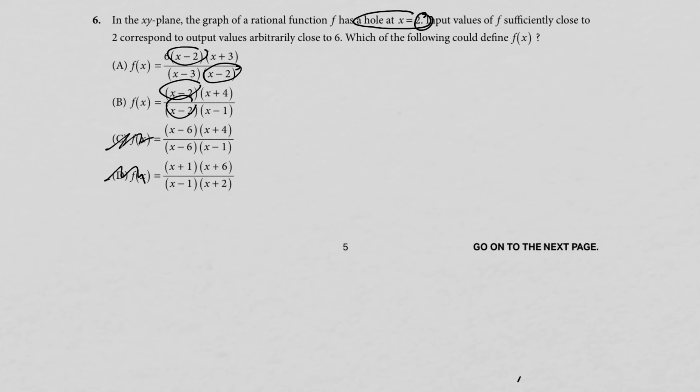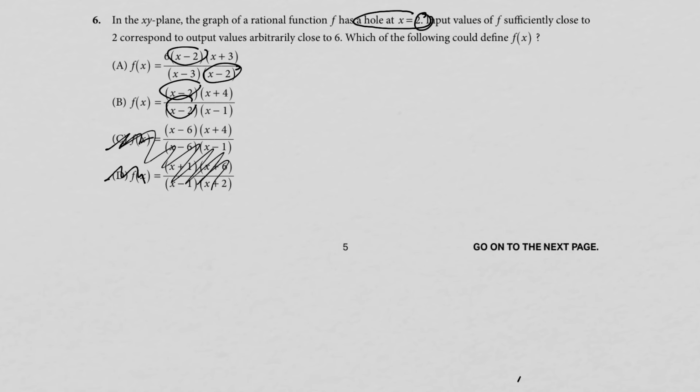Interesting. So when you put a value close to 2, this is an interesting question. You can't put 2 into the function because you get a hole. So we're down to these two choices.